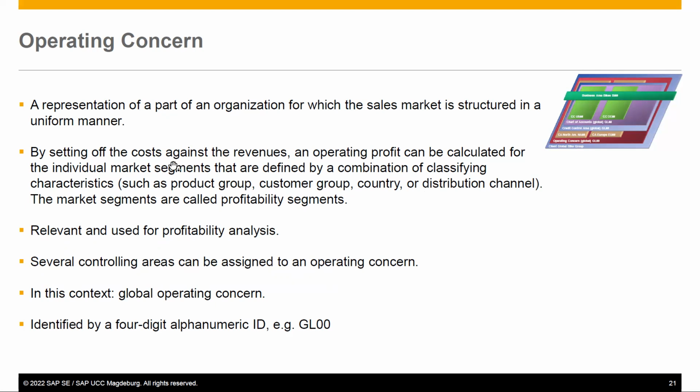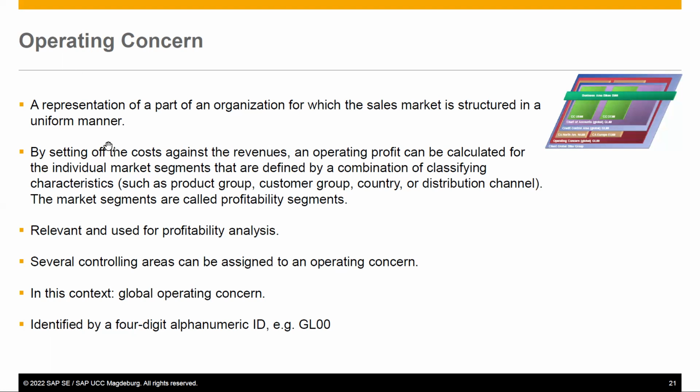As I mentioned before, a particular customer group in a different country, maybe Saudi Arabia. We are looking for some reports, some analysis: top 10 products, top 10 customers in different countries. These kinds of reports are only possible with the help of the operating concern.